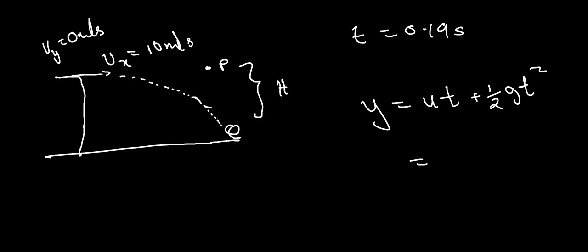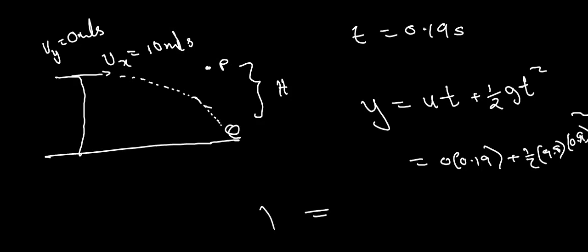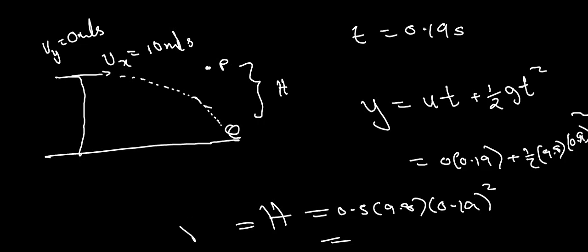The initial is 0, so put the 0. This is just direct, then plus half. We're going down, so that is in the same direction as gravity. Then we have 0.19, and we square this. So our height is 0.5 times 9.8 times the time squared. This is how you're supposed to get the distance PQ, that's your height.